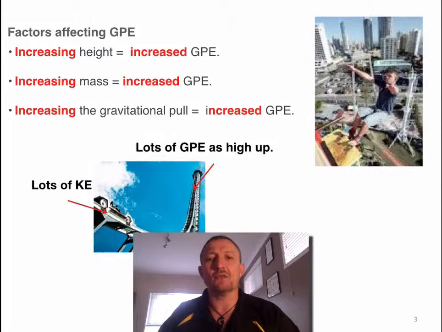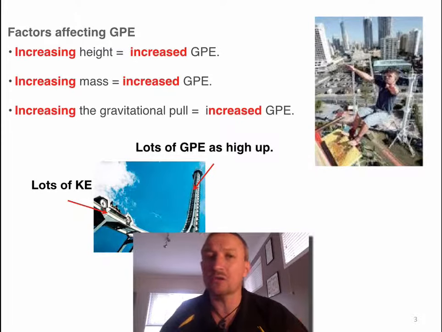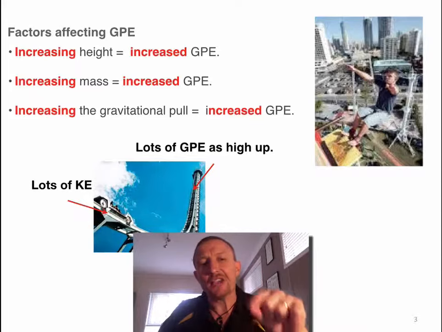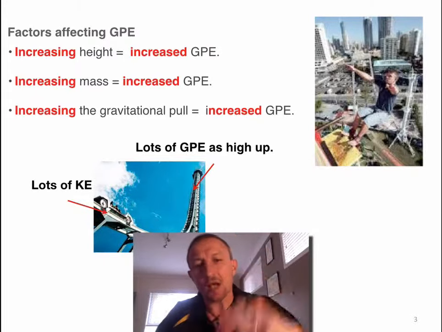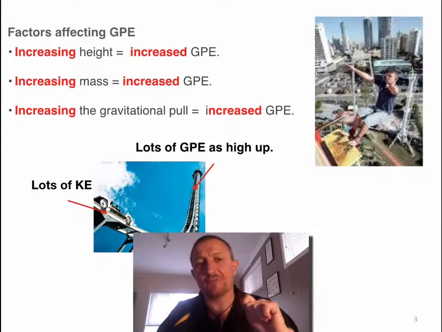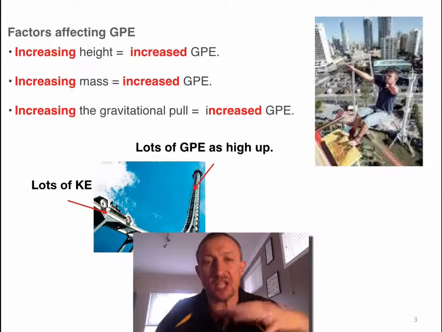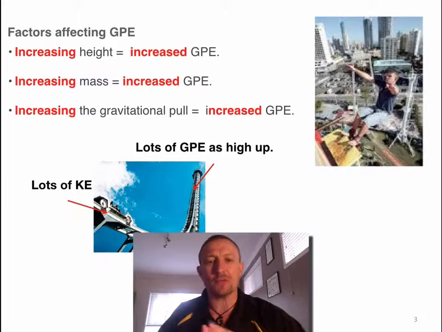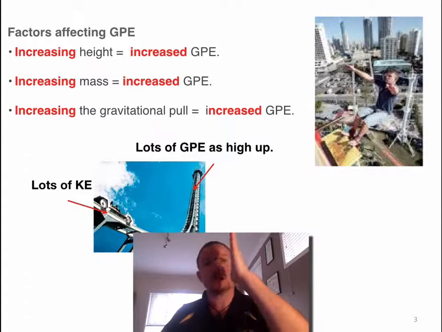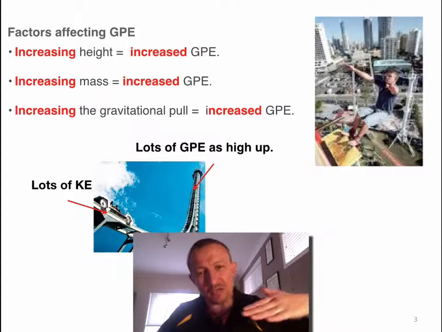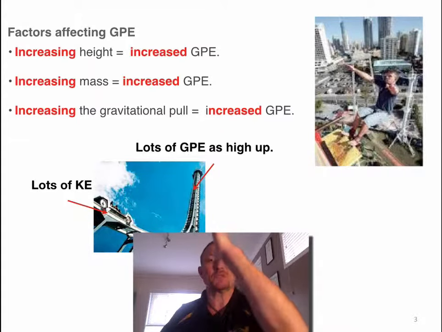Look at this scenario. This is the Terra 2 at Dreamworld, again on the Gold Coast. What happens here is the car is basically shot up a large ramp. As it's shot up, it's accelerated, so it's got lots of kinetic energy as it's shot up the slope. Now, as it goes up the tower, it's got gravitational potential energy. That kinetic energy is being converted into gravitational potential energy.